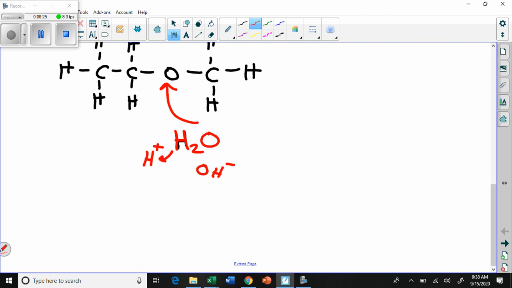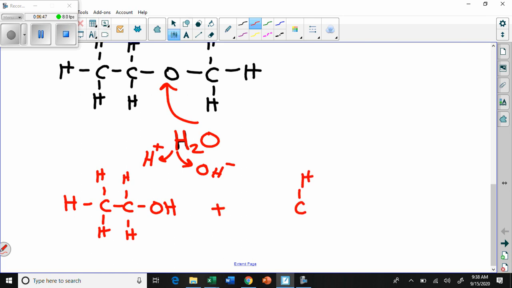I should have put little arrows there. And then, on this side, see, the H can go back with the O, and then we get a broken apart molecule, and over here we get the OH going that way and going back to there.